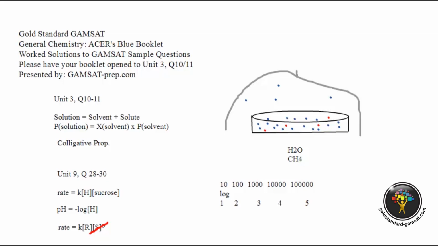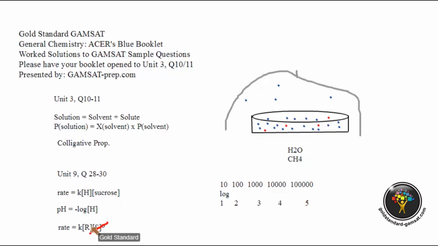Okay, now we focus on R. We want to find out what the exponent is for R. So in looking at the experiments, we look at experiment 1 and 3. We see that if you double the concentration of R, but you keep S constant, then the rate is doubled. So we find from the data in the table, if you double R, you double the rate.